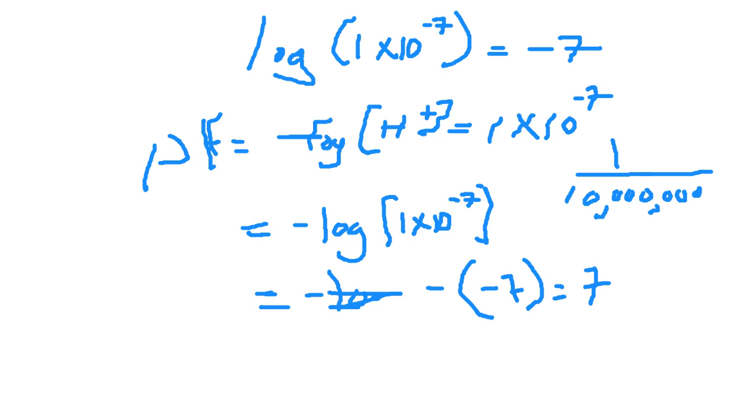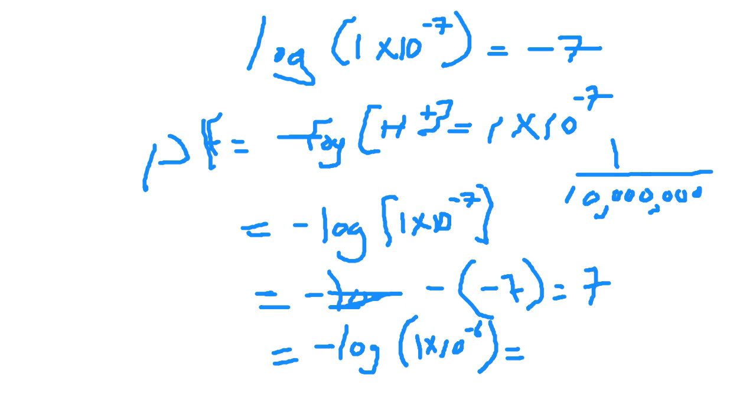Now, what is the difference between that and the minus log of, say, 1 times 10 to the minus 6? What is the log of 10 to the minus 6? Minus 6.